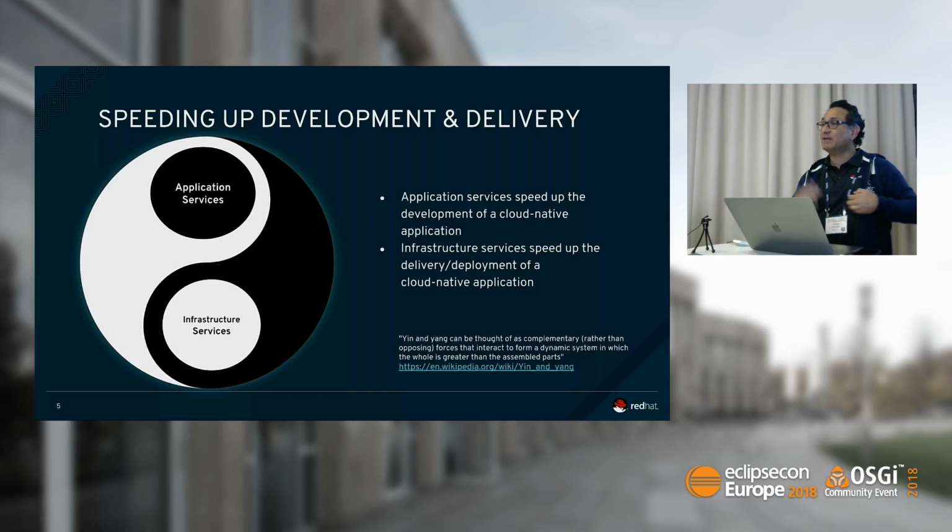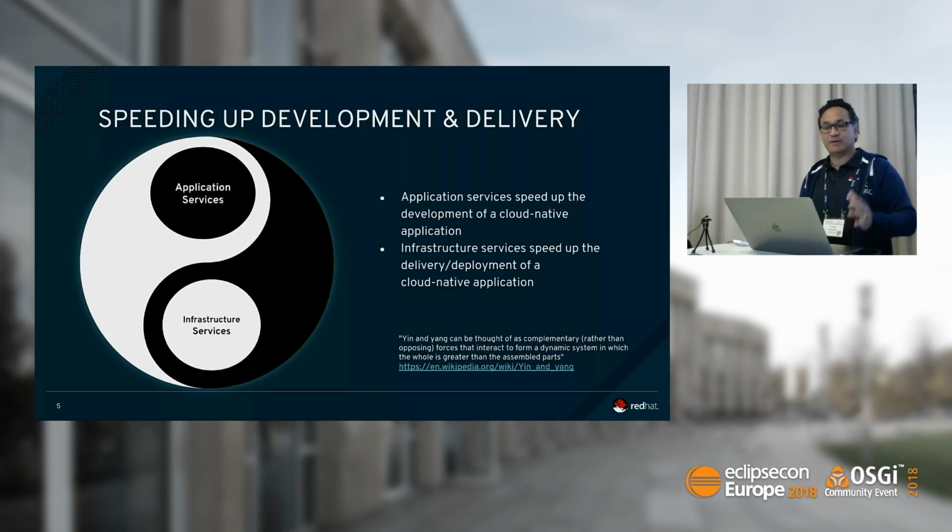So that's where cloud native app dev comes into the picture, right? It changes the way you develop software. And in cloud native, you have these two concepts. You understand the concept of yin and yang, where two parts, when they are together, work better than separately, and they complement each other.